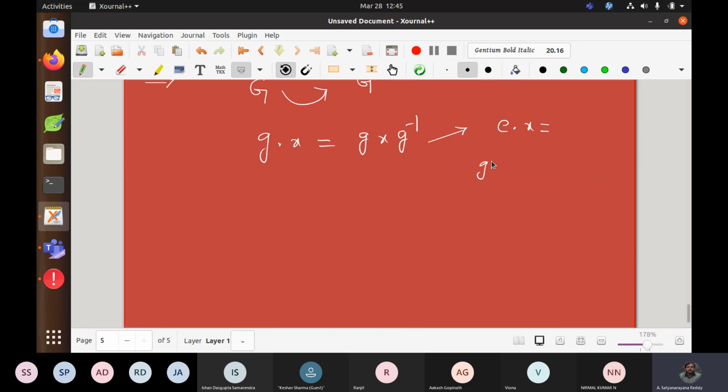Second property: gh acting on x is equal to g acting on h acting on x. We need to check that also, and it is true. I hope you can do this part. So it is a group action. This is called the conjugacy action. It has a separate name.